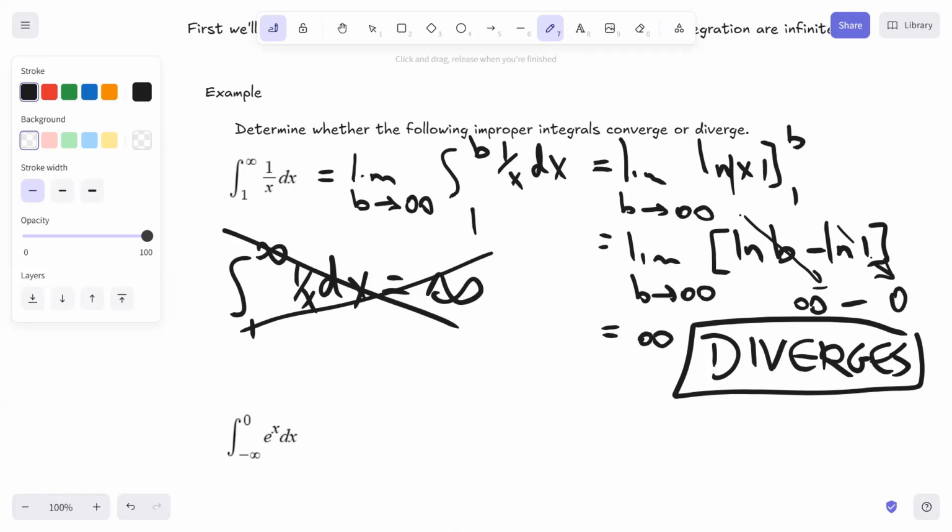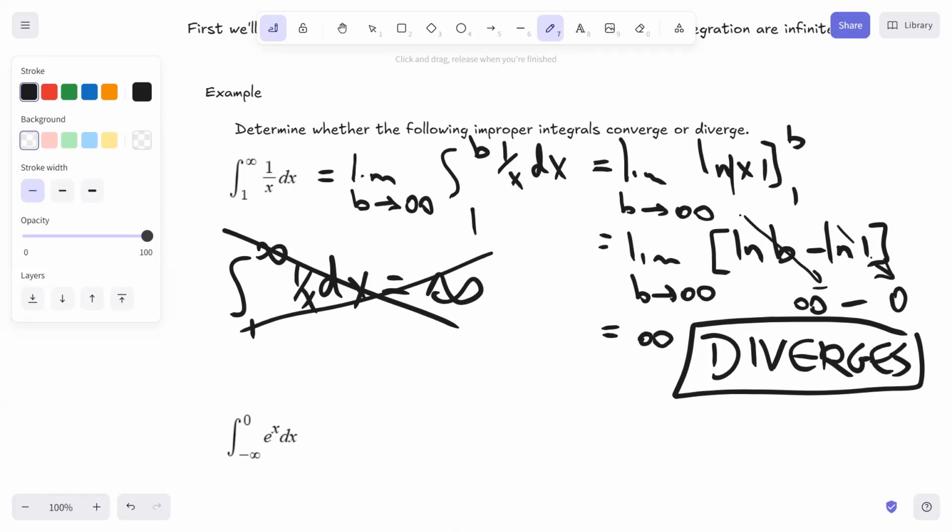So you need to replace at least one of those, sometimes both of them, with a limit approaching the needed value from the appropriate direction. So in particular, infinity cannot be used as a numerical value within an evaluation statement or expression. So we would not say that the integral equals infinity. We say that the integral diverges.